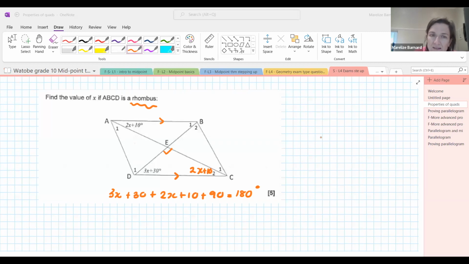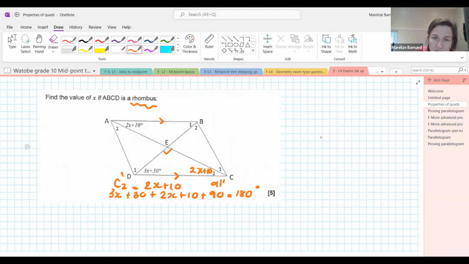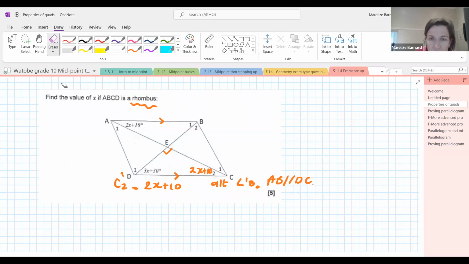That's exactly right. Okay, so using the properties of a rhombus, we can say that angle C2 is equal to 2x plus 10, and that's because of alt angles, AB parallel to DC. And then, I was a bit quick with this here, because we have to give all our reasons. It's 5 marks, so there's a fair amount of stuff you need to write down.